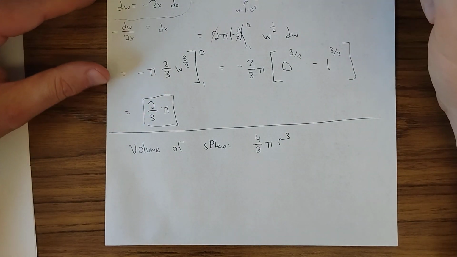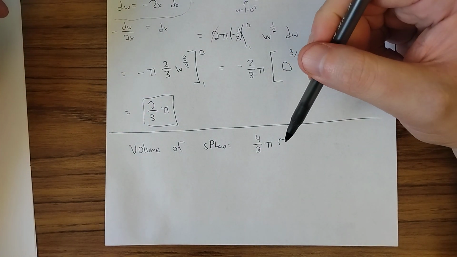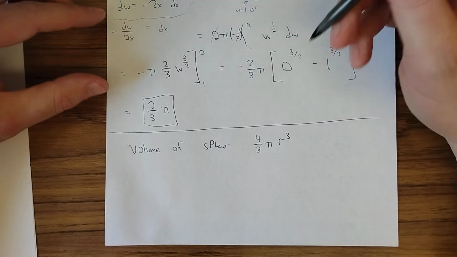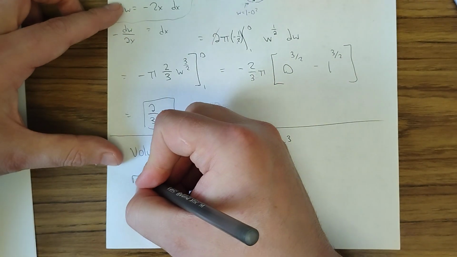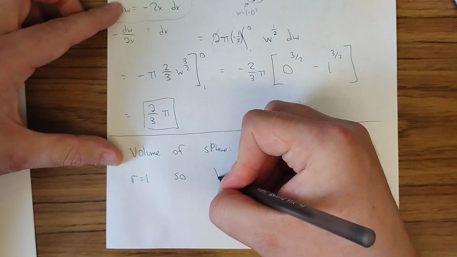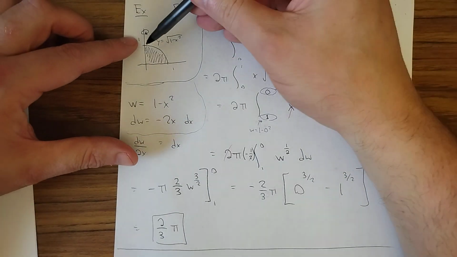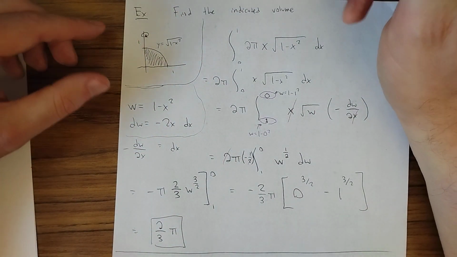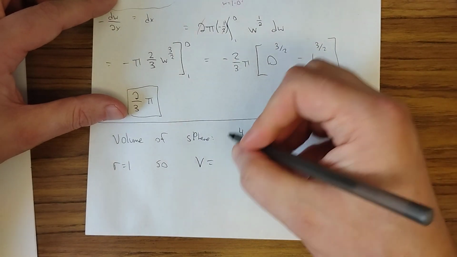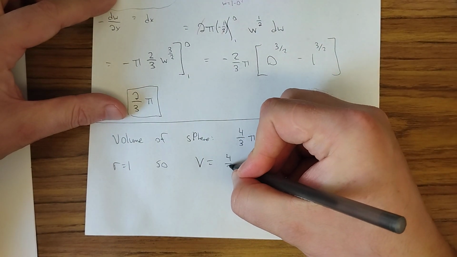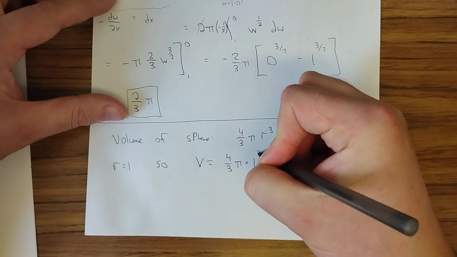At some point, you may have learned that the volume of a sphere is 4/3 pi r cubed. And our sphere would have a radius 1, so the volume of the whole sphere would be 4/3 pi times 1 cubed.